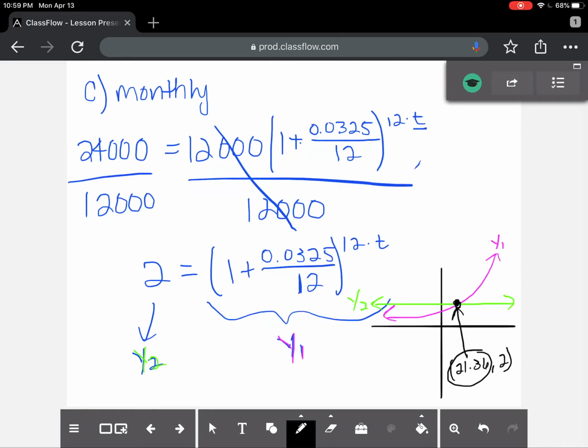So that means 21.36 is your answer. 21.36 years, because that is your x value, which is your t value.